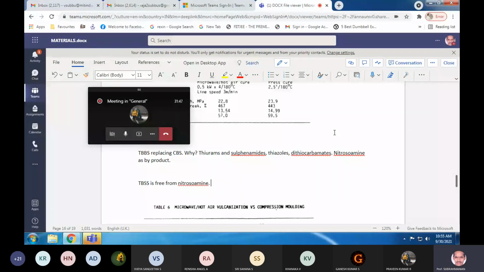Synergism between the accelerators like sulfonamides and thiurams, and the synergism between the paraphenylene diamine anti-ozonant and an antioxidant like TDQ, the condensate of aldehyde and amine. Okay, they have a positive interaction.